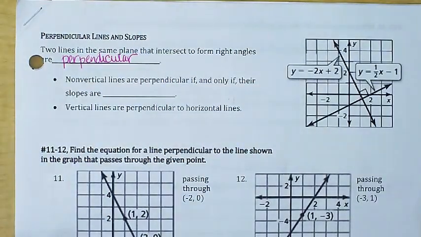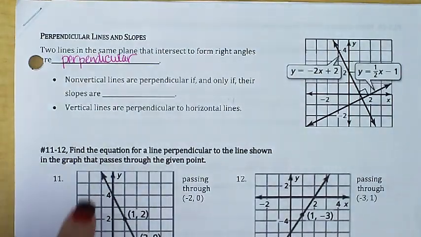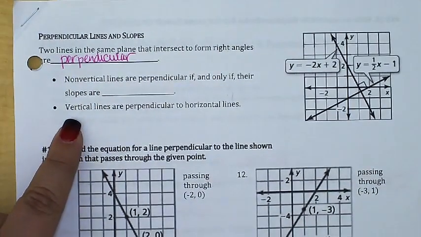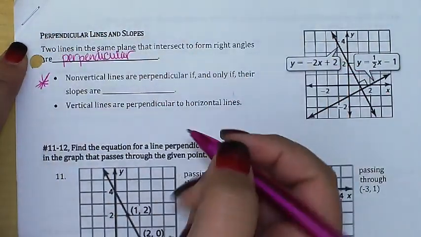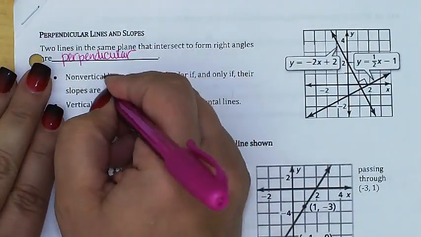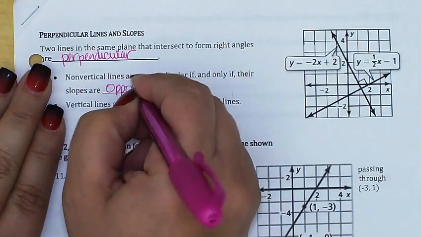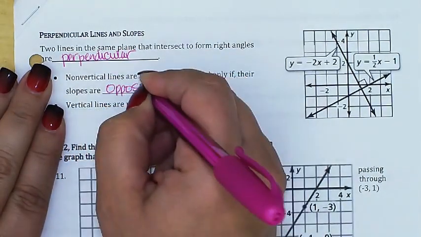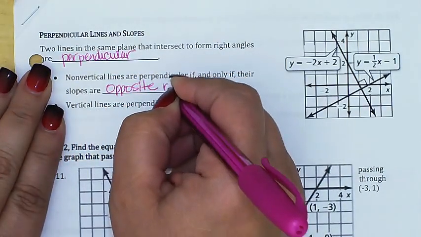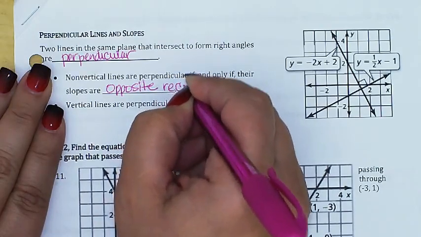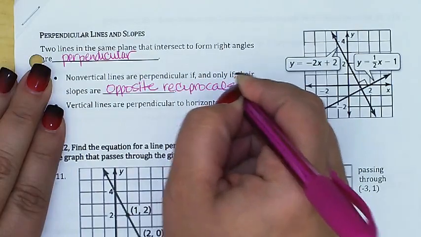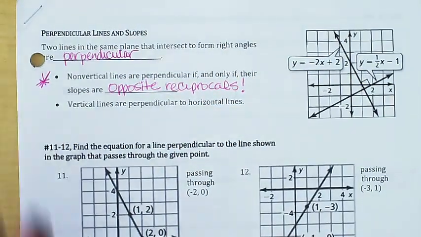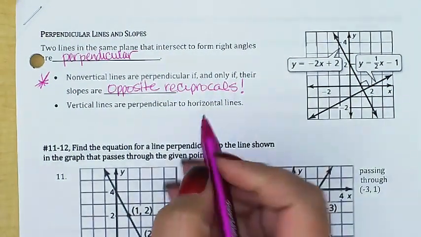Okay, non-vertical lines are perpendicular if and only if their slopes are, and this is the biggie today, guys, this is the relationship in the slopes for perpendicular lines: opposite signs and reciprocal ratios. Okay, so opposite reciprocals.